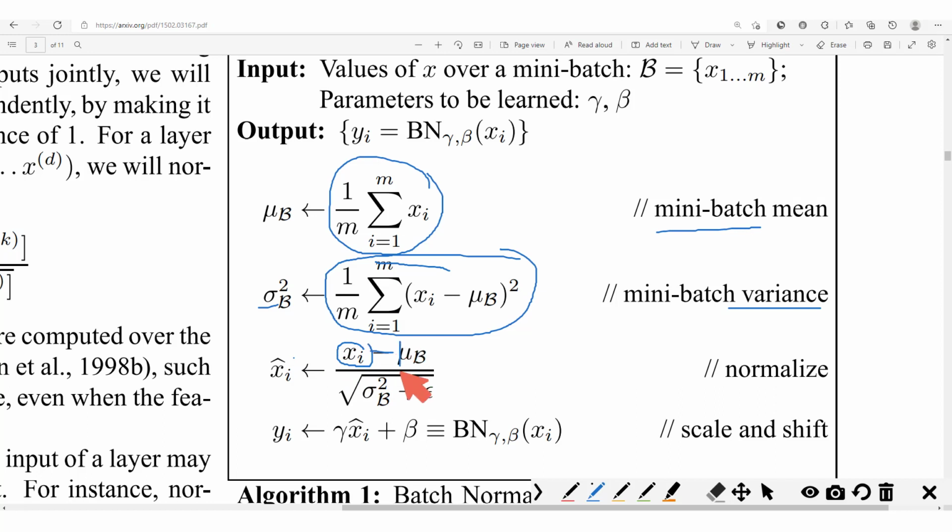So now you take every weight, subtract the mean, which was calculated here, and then divide by the standard deviation, and we add this small epsilon to avoid having a very small number or 0 at the denominator. So that's how the batch normalization process goes.